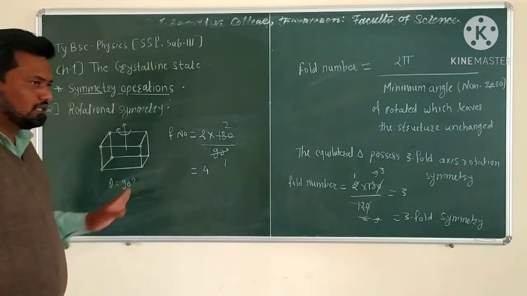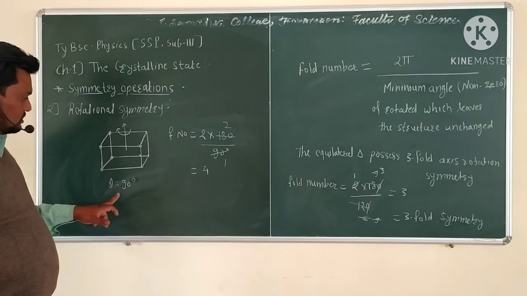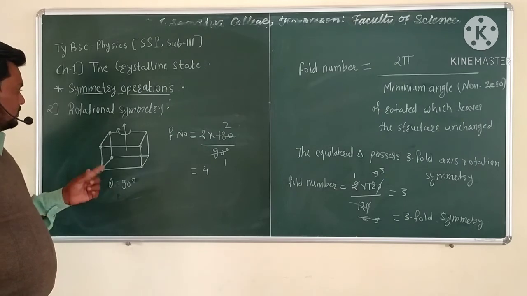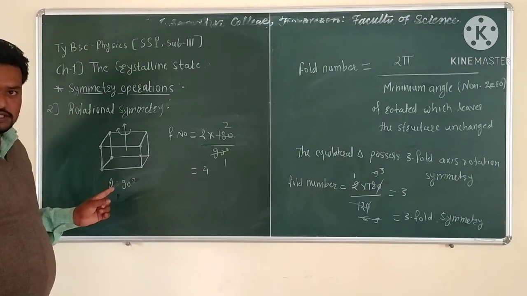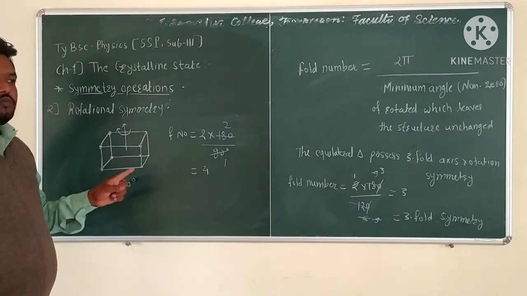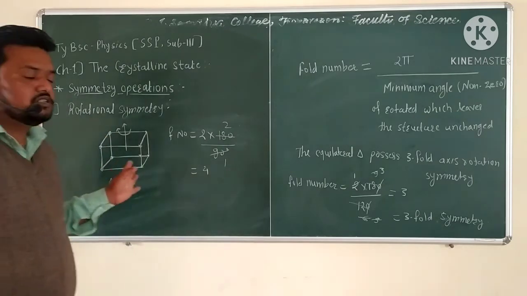If the rotation angle is 90 degrees and we want the cube to come back to its original position, we have to rotate the cube by 90 degrees 4 times.